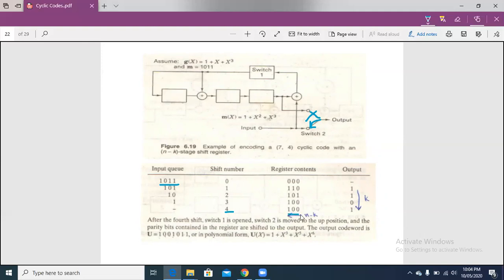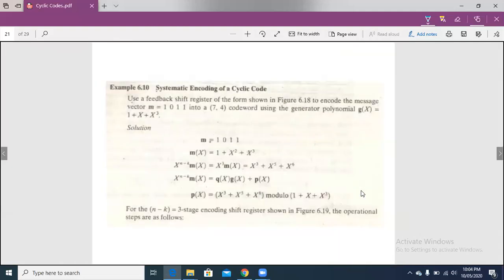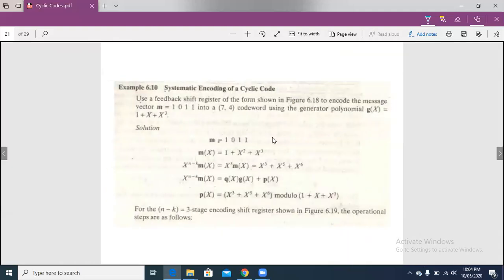So this is in fact 100 and that is 1011. So that is the example of the systematic code word 1001011. This is in fact the systematic encoding which we implemented in the previous example here.